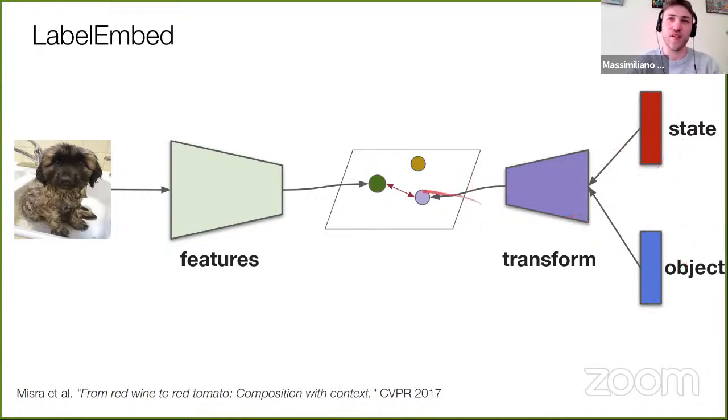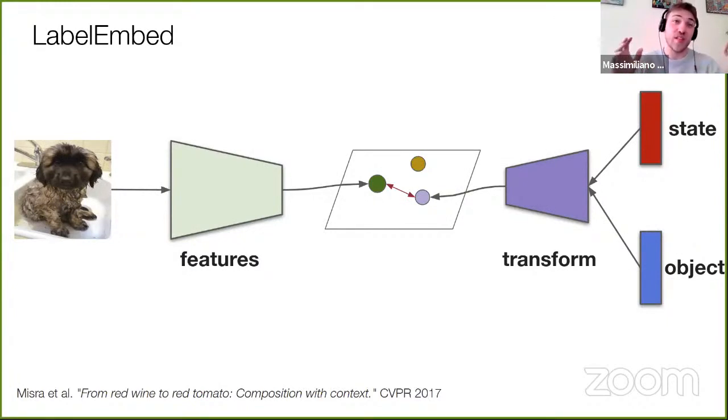So if this purple dot is the wet dog composition, transformed and projected in the shared embedding space, you want it to be closer to these image features with respect to, I don't know, ripe banana or any other composition you have in your compositional space.